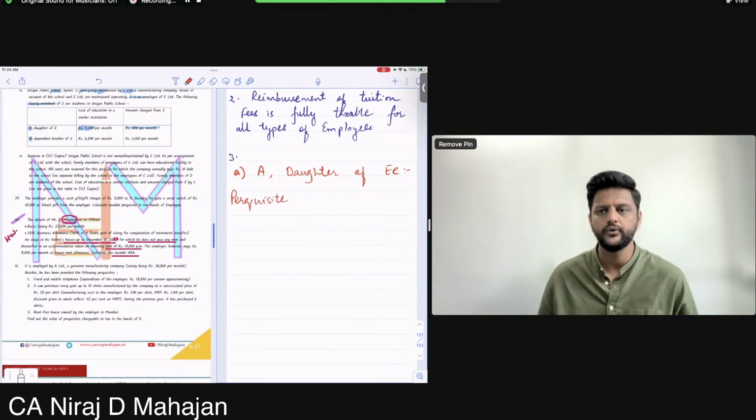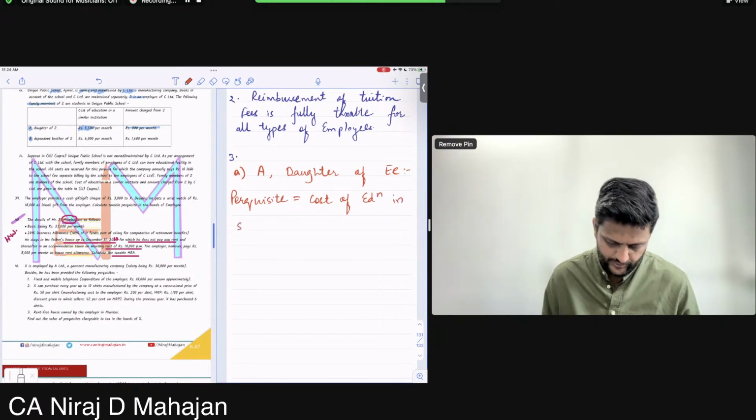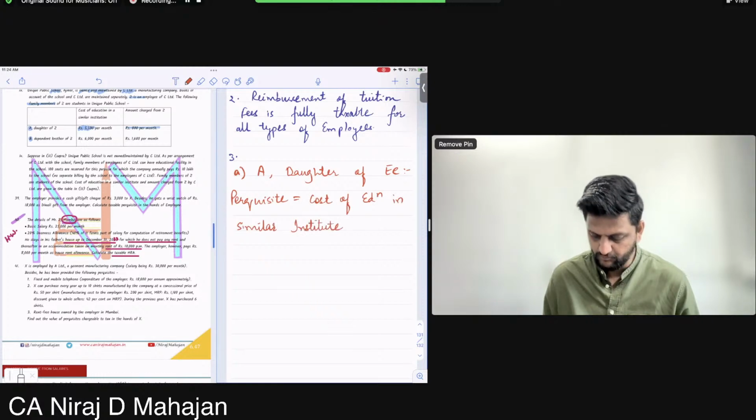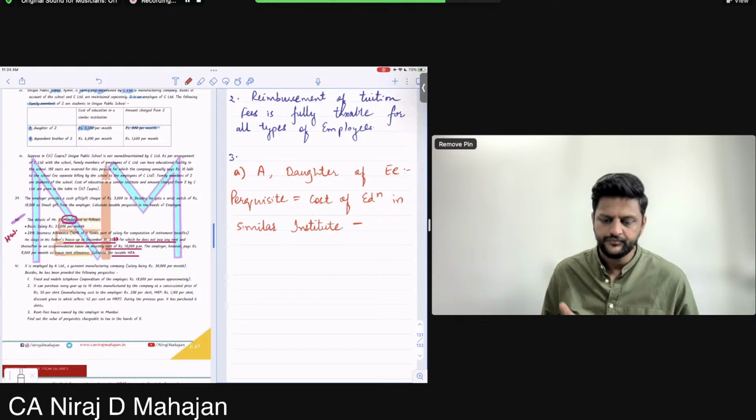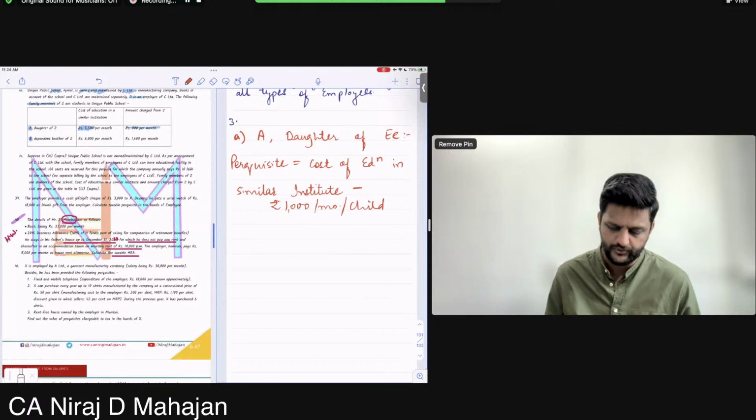Is daughter allowed or not allowed? Allowed, right? So cost of education in similar institute minus, will it reduce or no? Rupees 1000 per month per child. Yes.